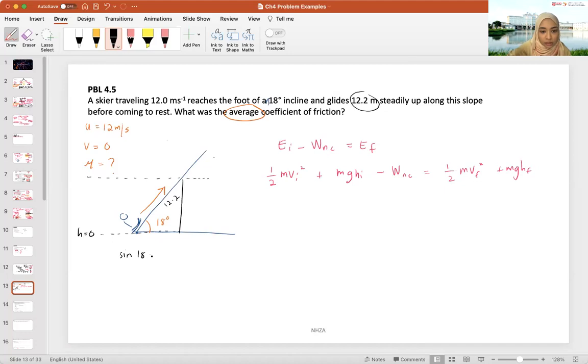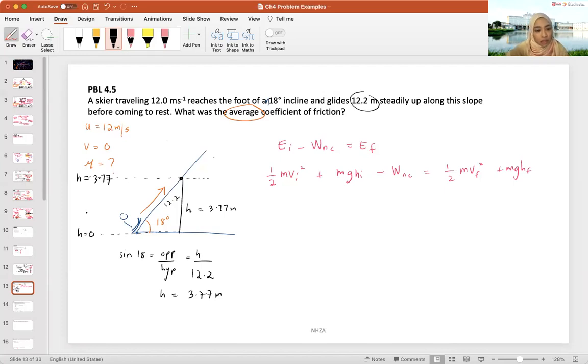Sine of 18 equals to opposite over hypotenuse. Opposite is the height and hypotenuse is 12.2. So you can solve for height, you would get sine of 18 times with 12.2 dapat 3.77. Okay, so this is what we got for our height, 3.77 meter. So when I am at my final point, my H is at 3.77.